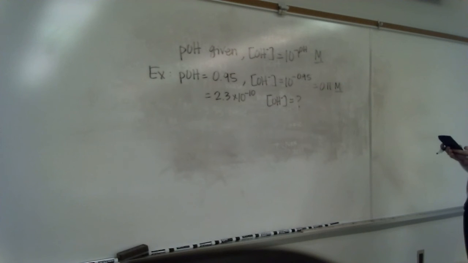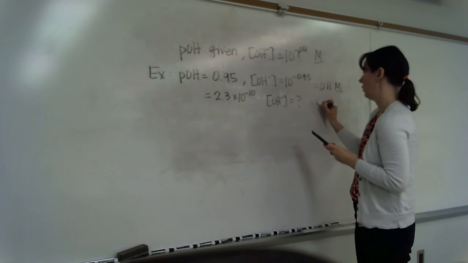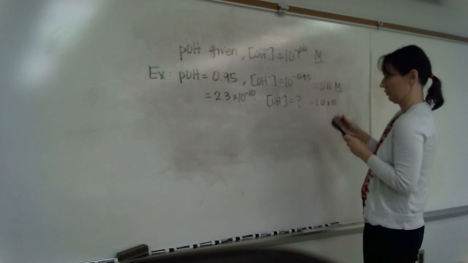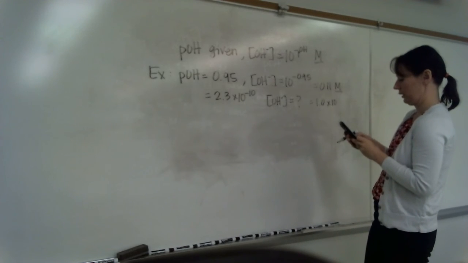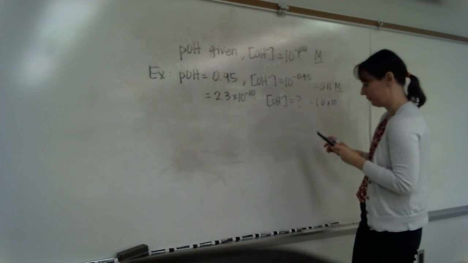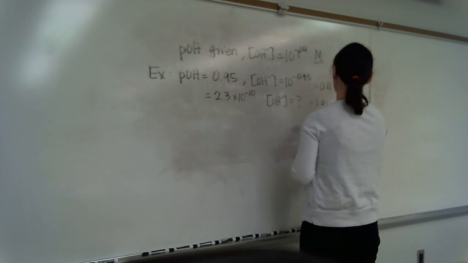2.3, 10 to the negative 10th. Did you get 1 times 10? Hold on. 2.3, 10 to the x. Did you get 1? Did I do something wrong there?